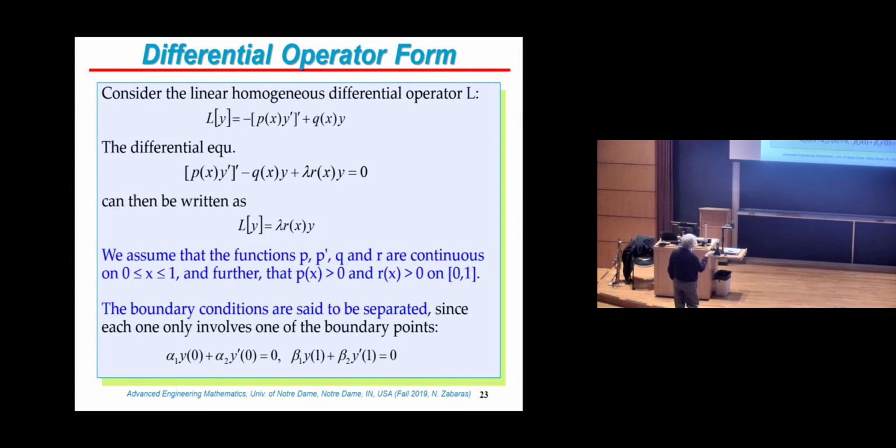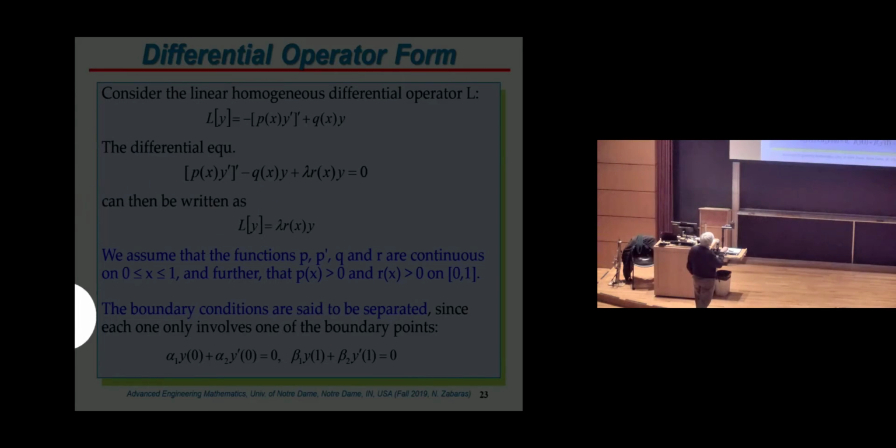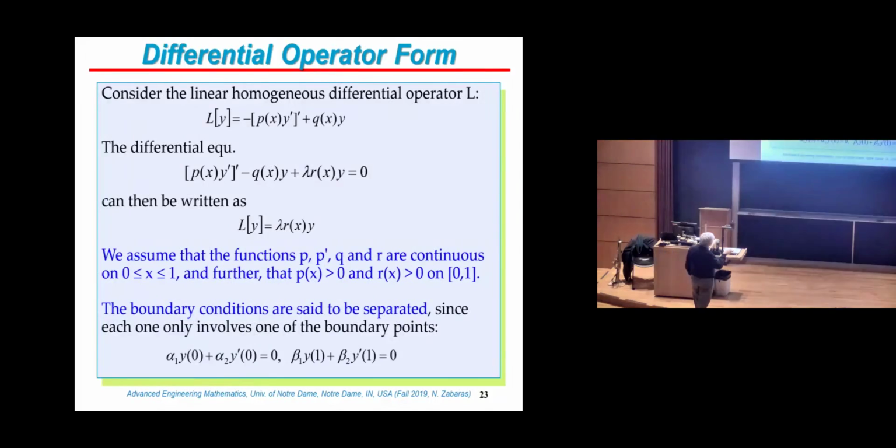I'm not going to bother you with this terminology here that the boundary conditions are separated. Basically, the boundary condition on the left involves only the values at x equals 0. The boundary condition on the right only involves the values at x equal to 1. But actually, you can have a boundary condition that involves y at x equals 0 and y at x equal L if you think about it, right?